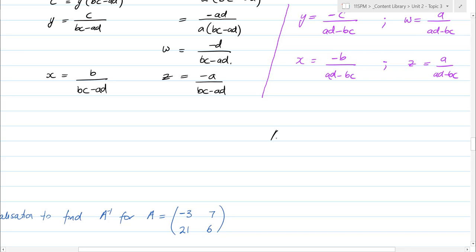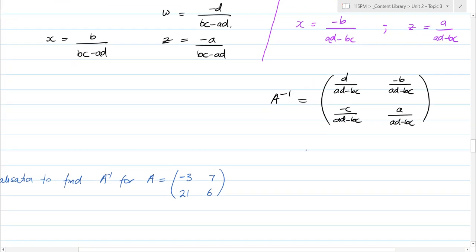A inverse, the thing we're trying to find, is equal to W, X, Y and Z, so it's equal to D over AD minus BC. X is negative B over AD minus BC, and Y is negative C over AD minus BC, and Z is A over AD minus BC.